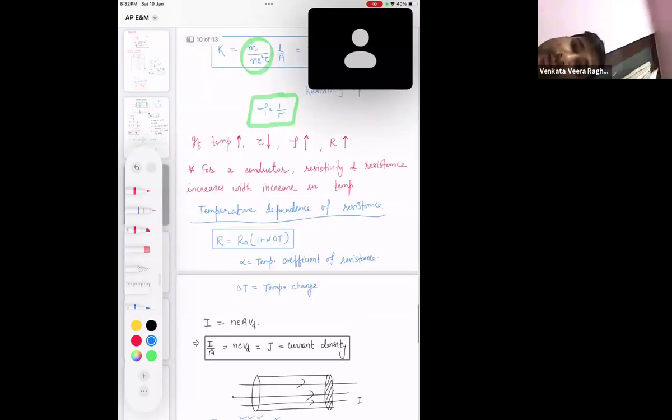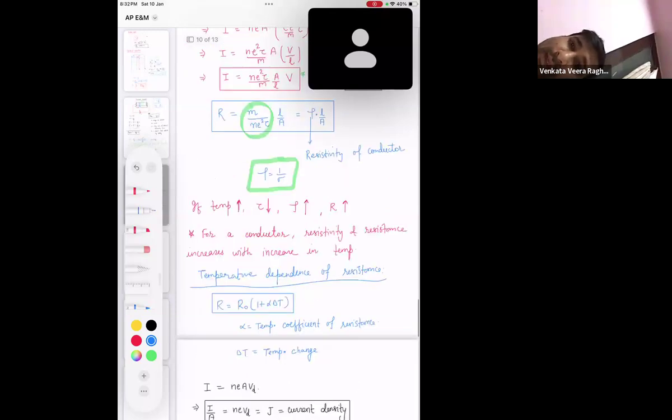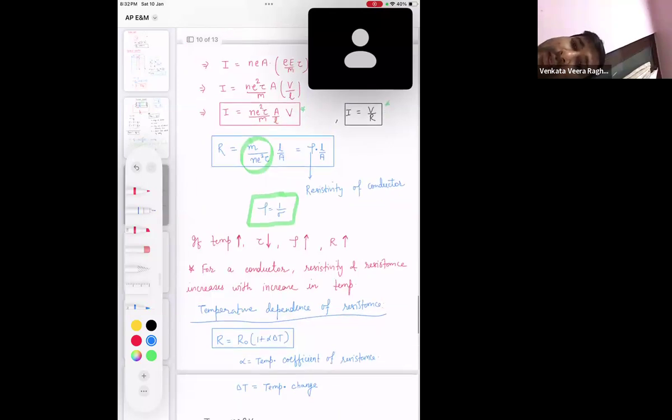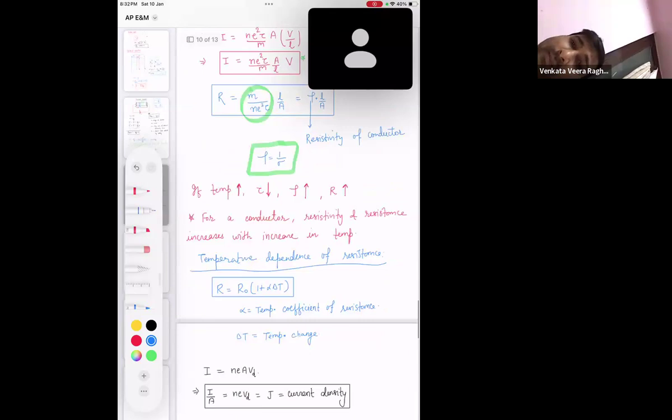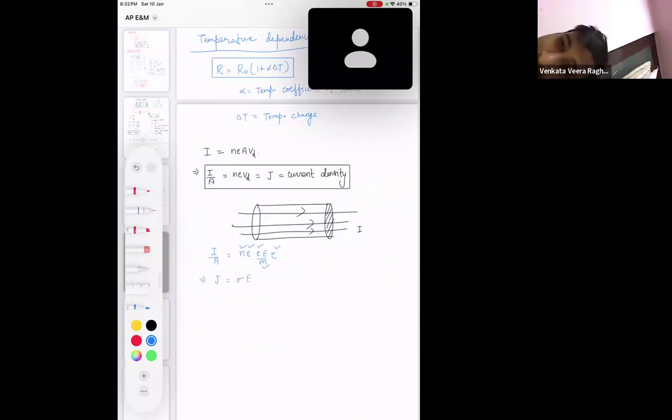What is that? Rho is equal to m by N e square tau, so sigma will be N e square tau by m. So J can also be written as sigma into electric field. Sigma is the conductivity.